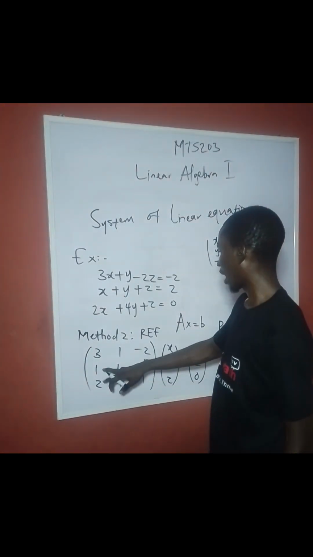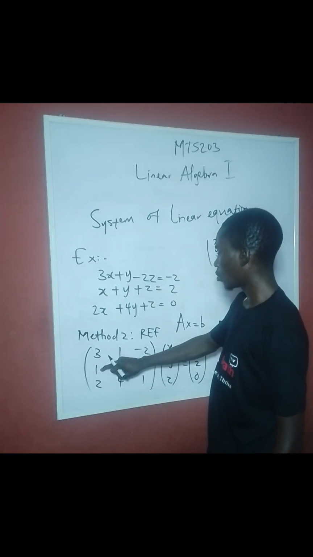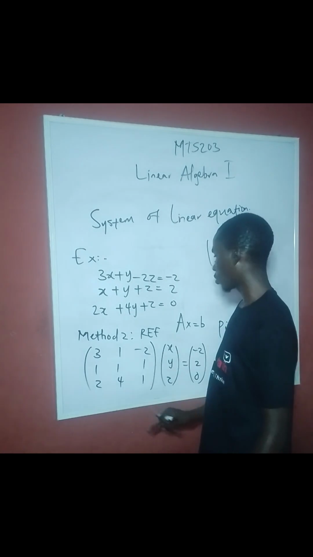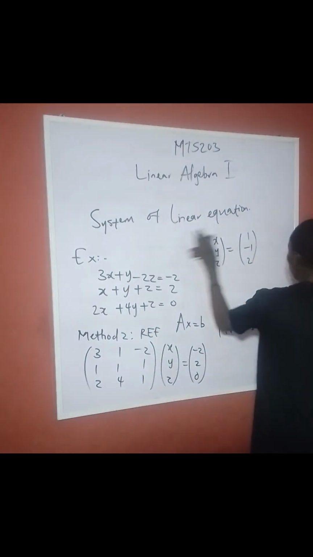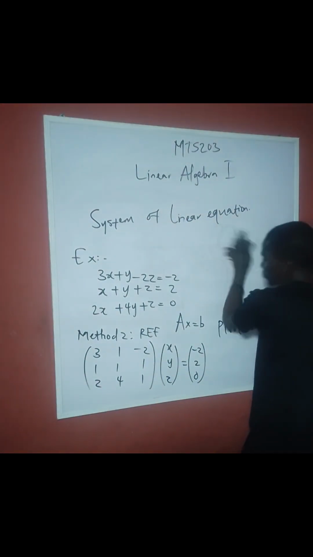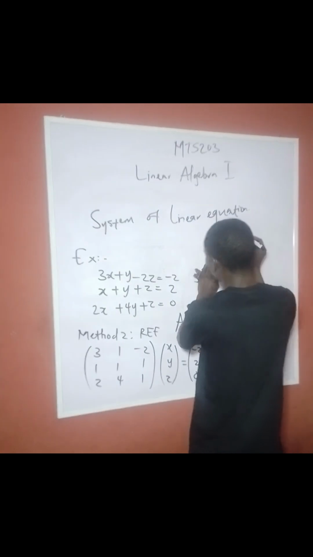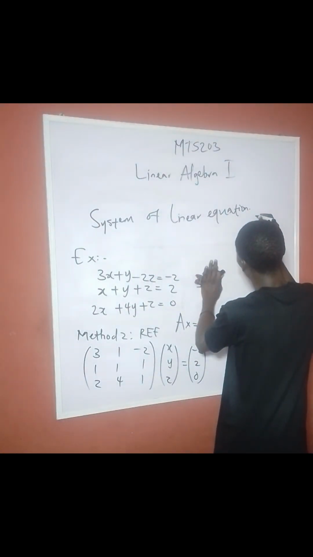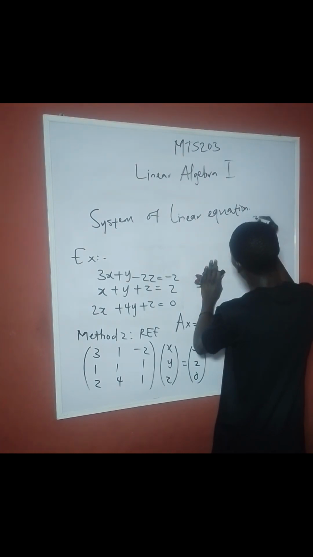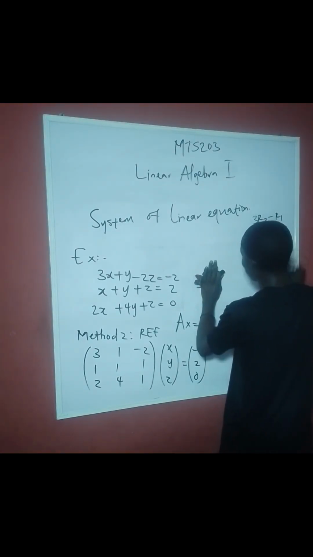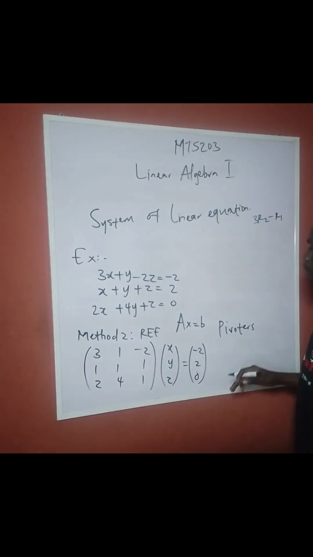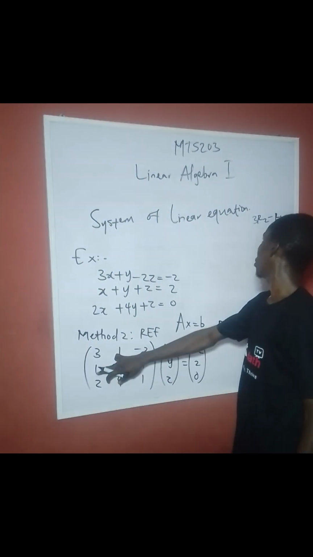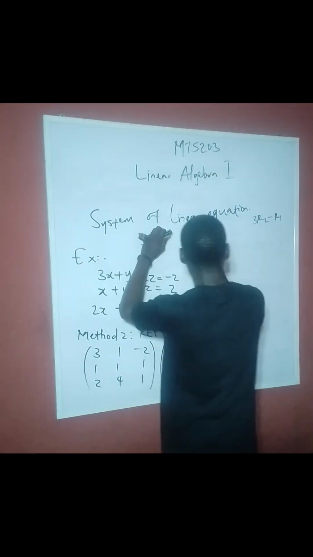I need to reduce my 1 here to make it 0. And for me to achieve that, I can just say 3 row 2 minus row 1. If I do that, I'm sure that my 1 here will be 0. Okay, let me try that.